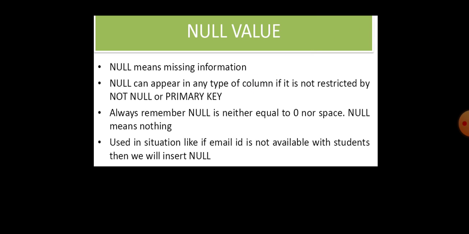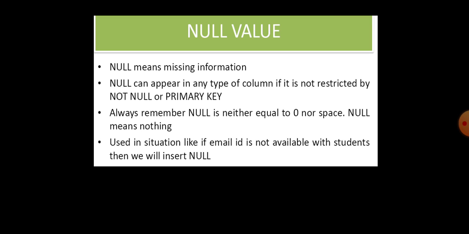Coming to the next element, that is null. Null means missing information. If we do not have any data to be entered in a cell, then we need to enter only null. Null can appear in any type of column if it is not restricted by not null or primary key.